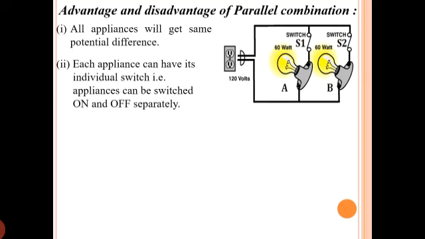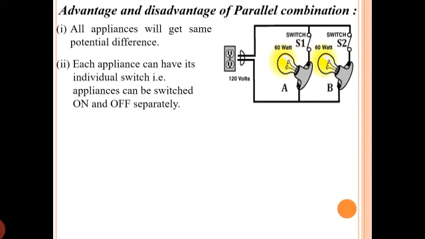Each appliance can have its individual switch, and it is understood. That is bulb A and bulb B. You can see bulb A is connected with switch S1. If you switch on S1, current will flow through bulb A and bulb A will glow. If you switch off S1, the bulb will not glow.